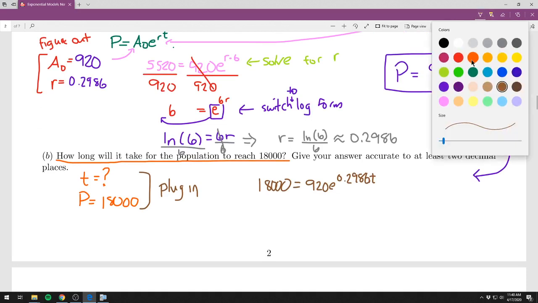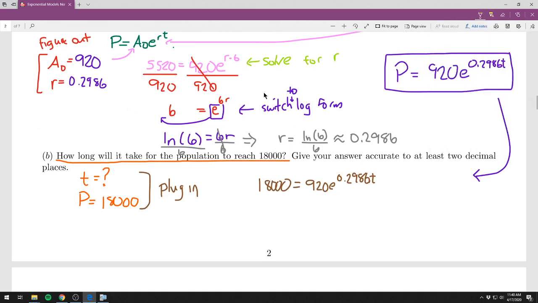And even though we're solving for a different letter, this works out the same way as solving for r last time, because the t's still in the same spot. It's in the exponent. We divide by the 920. 18,000 divided by 920.